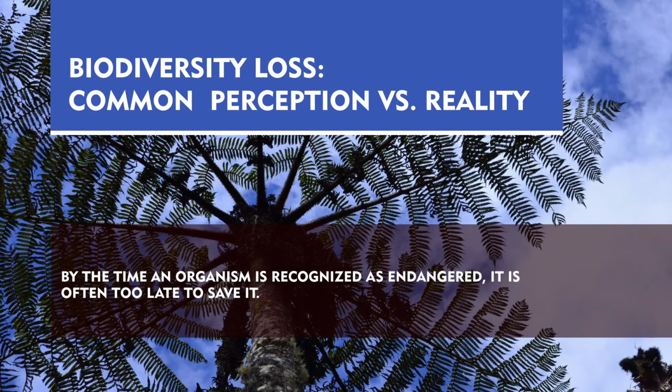By the time we recognize an organism as endangered, it is often too late to save it. So, based on extrapolation of current trends by different authors, the reduction of diversity implies the downfall of our civilization within the next 100 years, comparable to a nuclear winter.